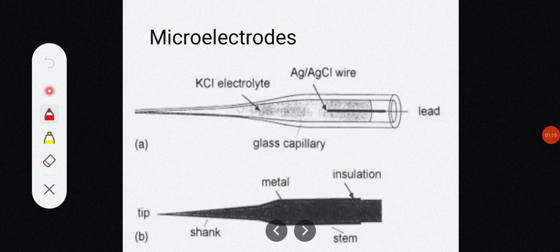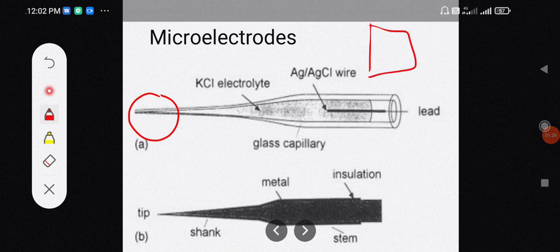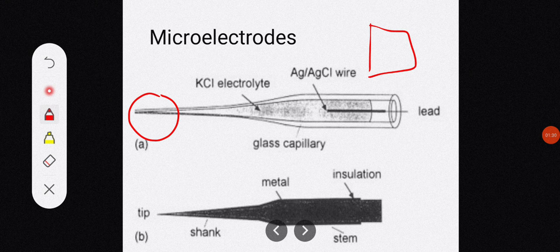So what are microelectrodes? These electrodes have tips which are sufficiently small so that they can penetrate a single human body cell so as to obtain readings from within that cell.